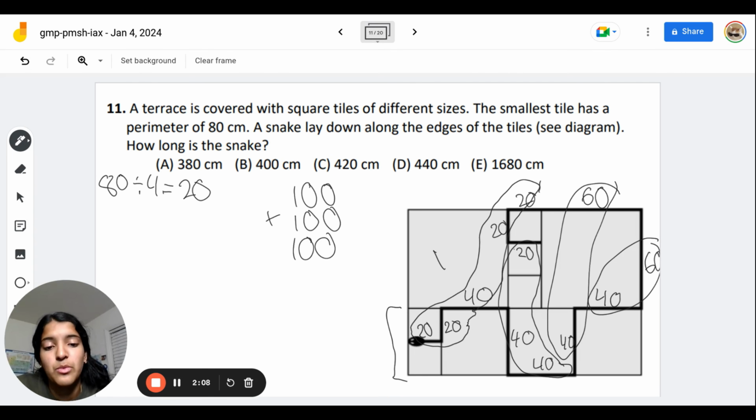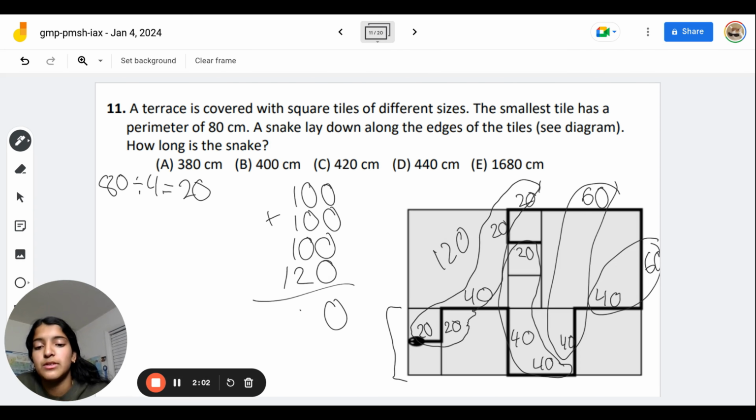So that would be 120. So plus 120. Then when we add all of these up, we get 420 centimeters. So the answer for this question would be C.